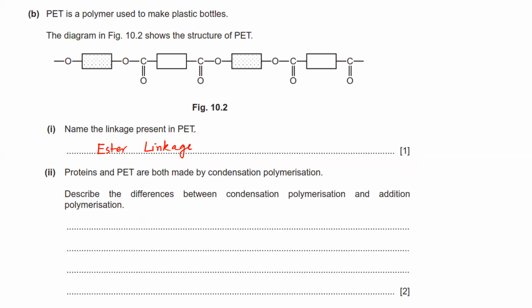Okay. Then it says, describe the differences between condensation polymerization and addition polymerization. So basically, you have to mention two differences. I'm going to write a couple of them for you so that you can decide which two you'll use. On this side, I'll put addition polymerization. On this side, I'm using condensation polymerization.